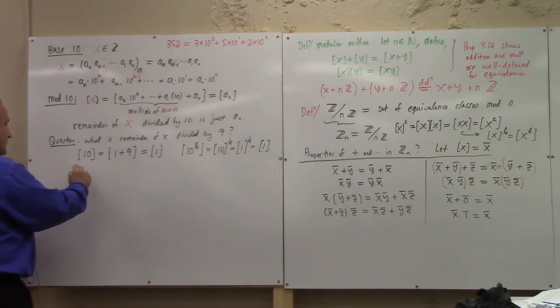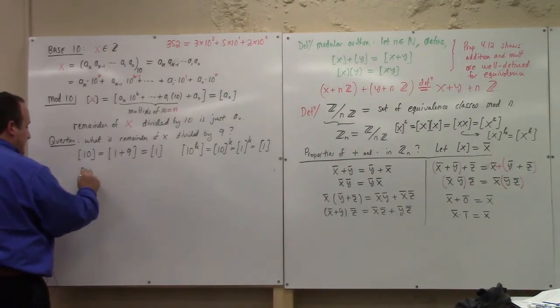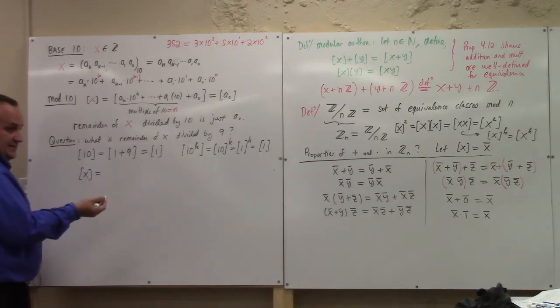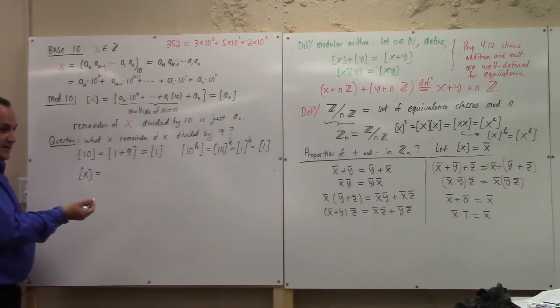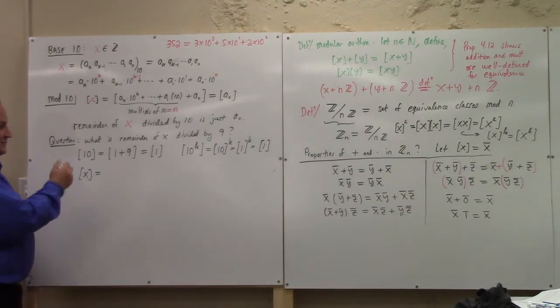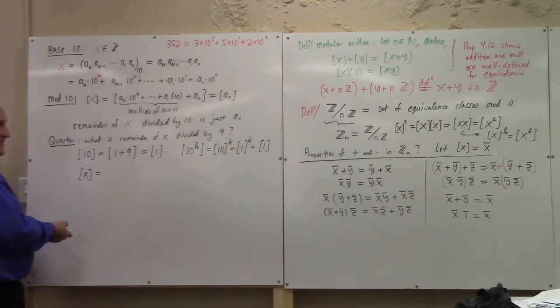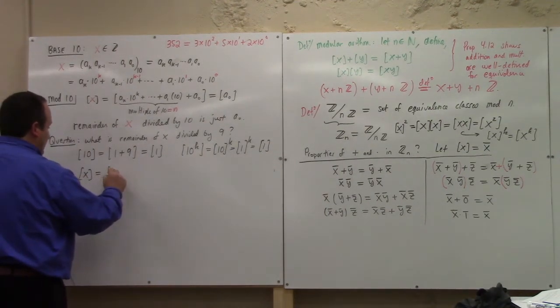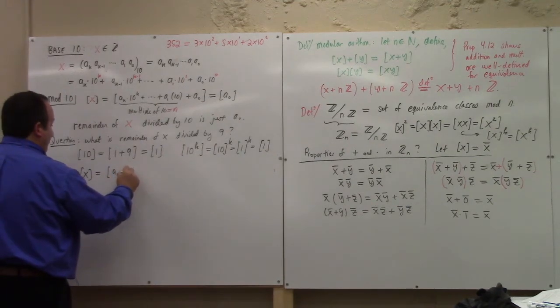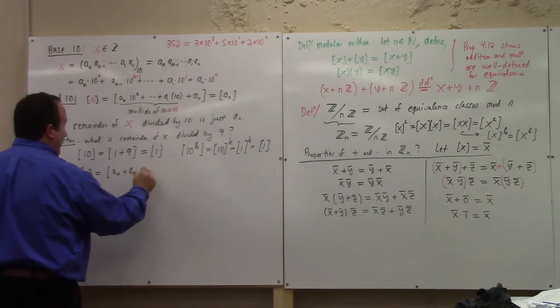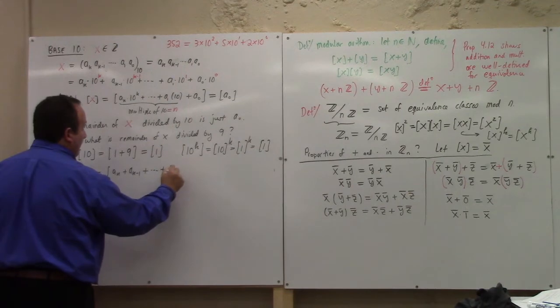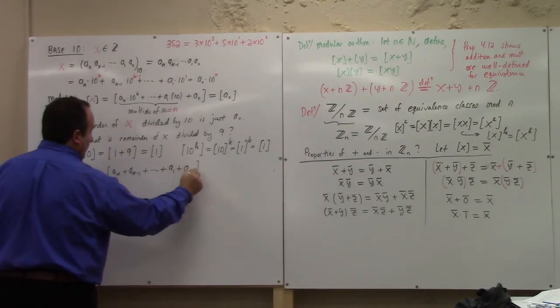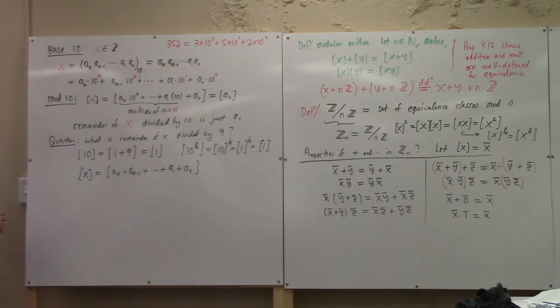So when we look at the equivalence class containing x mod 9, we look at the decimal expansion of x. It's just the equivalence class of the sum of the digits, and that is the remainder.